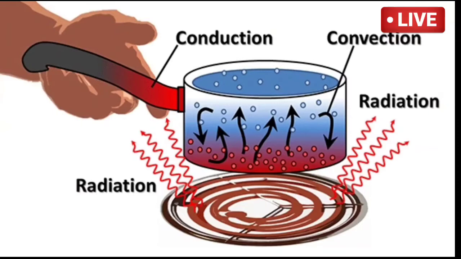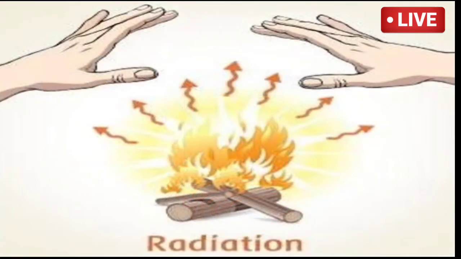The energy produced by the sun comes to us in the form of sun's rays. How are we getting this energy from the sun? Through sun's rays. We can see and feel some aspects of this energy, such as light and heat. This radiation we can also observe in fire.